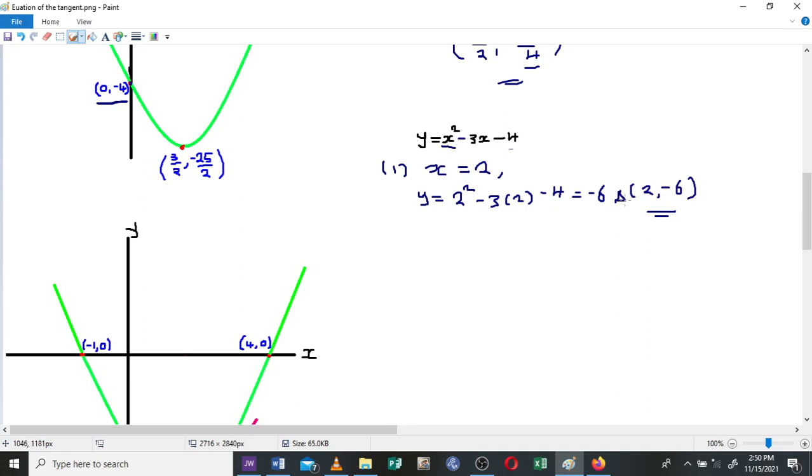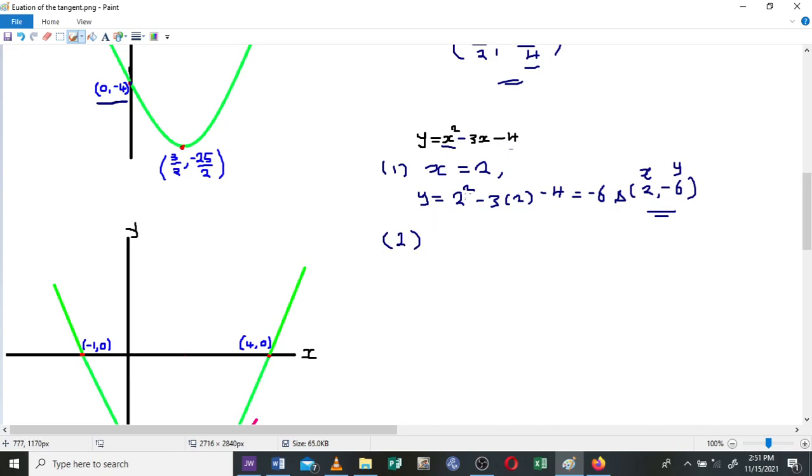Now you need to find the equation for this tangent. We have the x value there and the y value. Then the second thing we want to do is to find the gradient at this point. Remember from the previous video, how do we find the gradient?